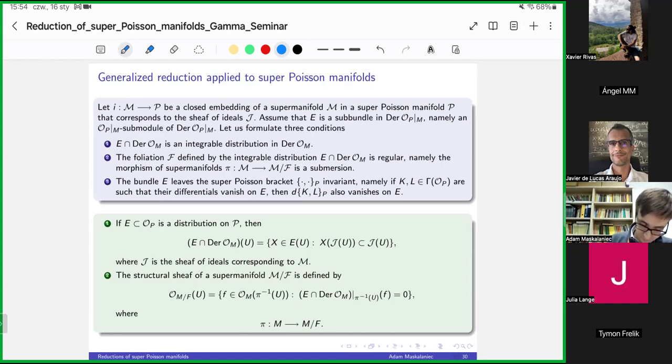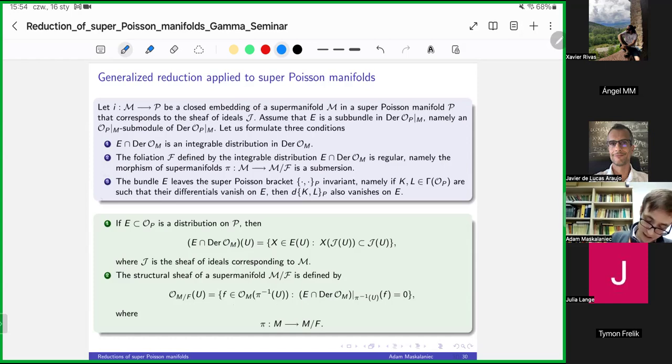And next, if this is an integrable distribution, we want to assume that this distribution induces a foliation. And then this foliation corresponds to the subalgebra of superfunctions that are invariant, that vanish under the action of our derivations.